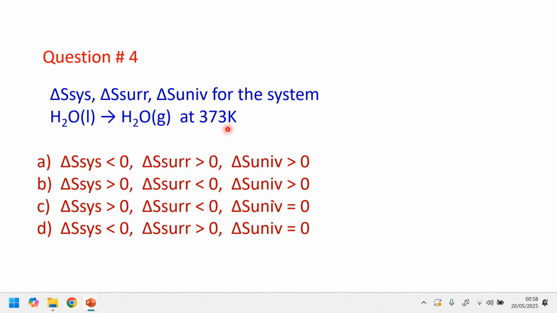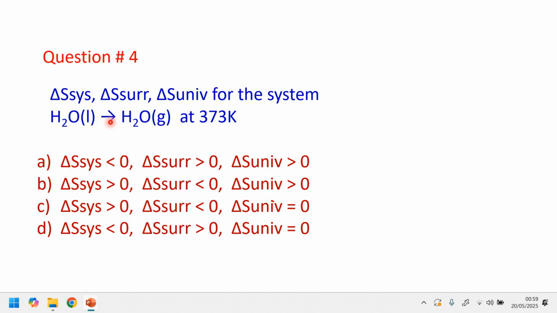See, 373 Kelvin means 100 degrees centigrade. 100 degrees centigrade is the boiling point of water. So the system is at the boiling point of water. Boiling point means here the liquid phase and vapor phase are in equilibrium. So it is reversible. Okay. So reversible means this total entropy change will be 0.